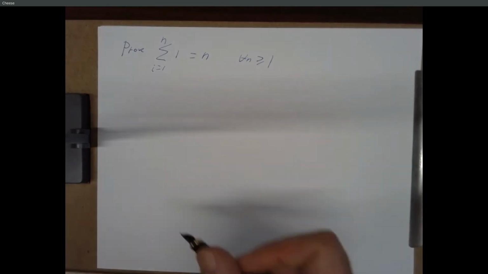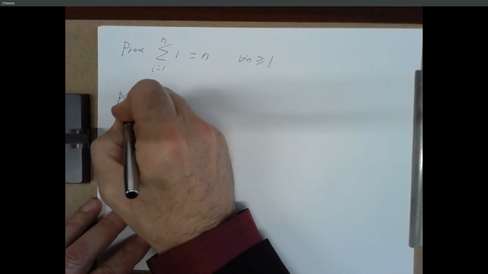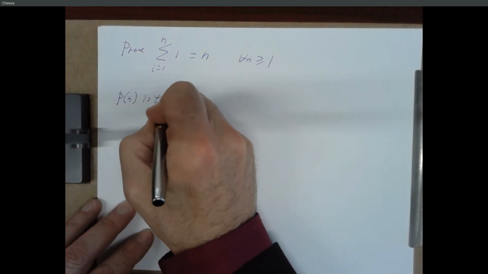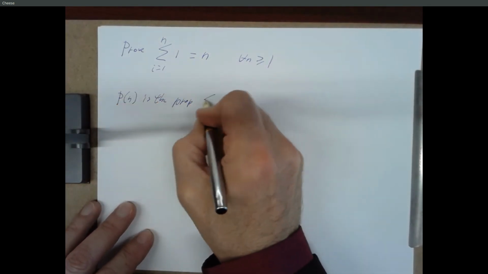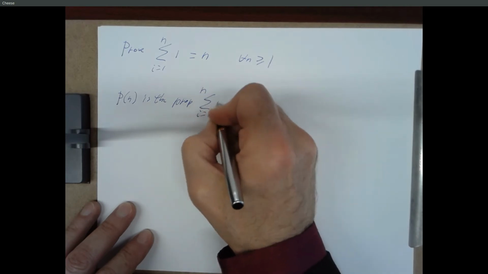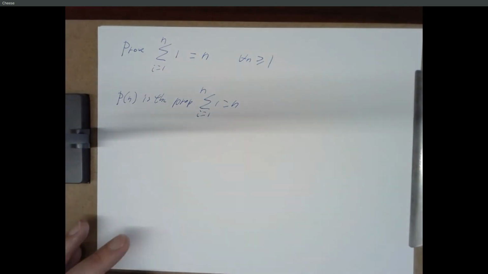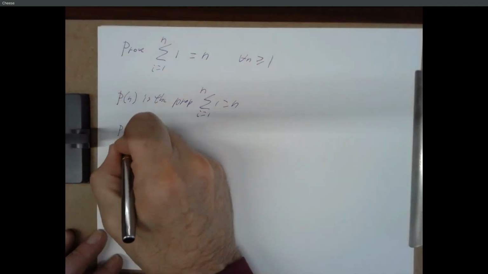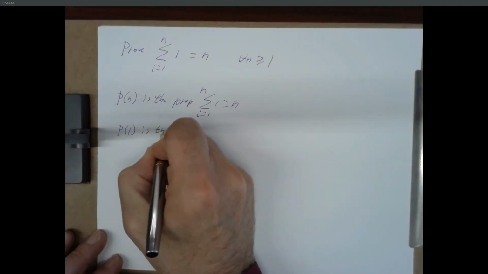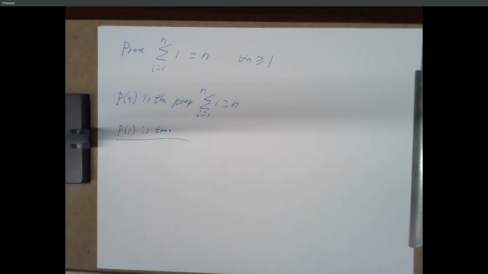All right, so let's make a proposition family. So P of n is the proposition that adding up n ones gives you n. And P of 1 we're pretty sure is true, because if we just add 1 with nothing else, we just get 1. We know P of 2 is true because 1 plus 1 is 2, and so on.